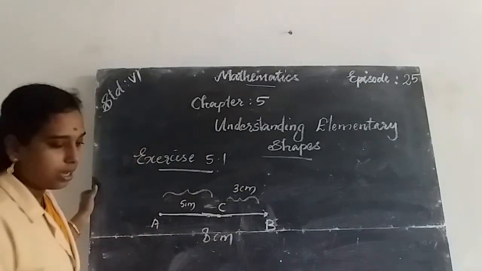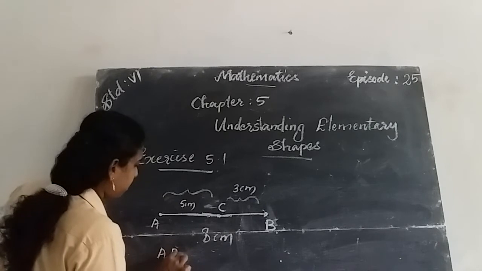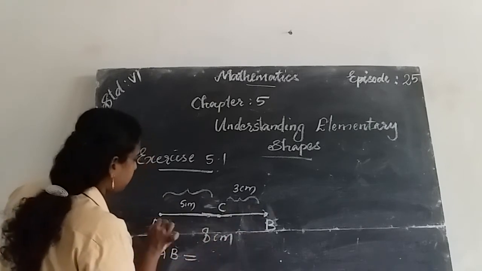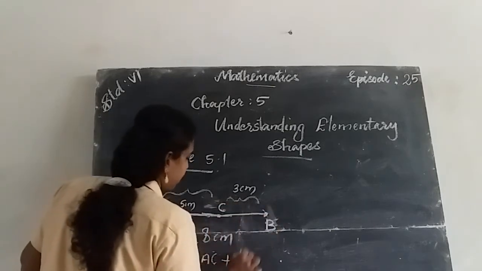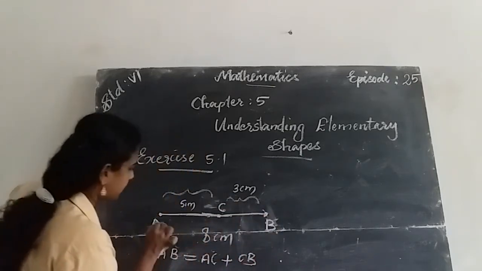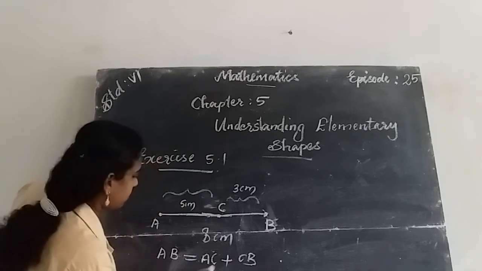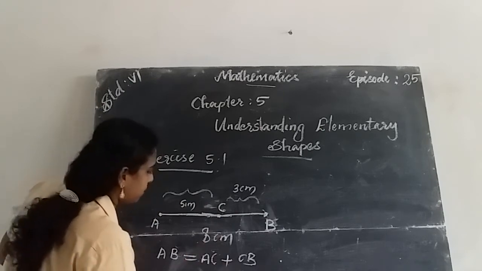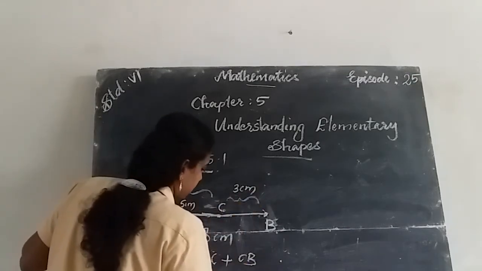Then we can see that AB is equal to AC plus CB. That means AC measures 5 centimeters, plus CB measures 3 centimeters.